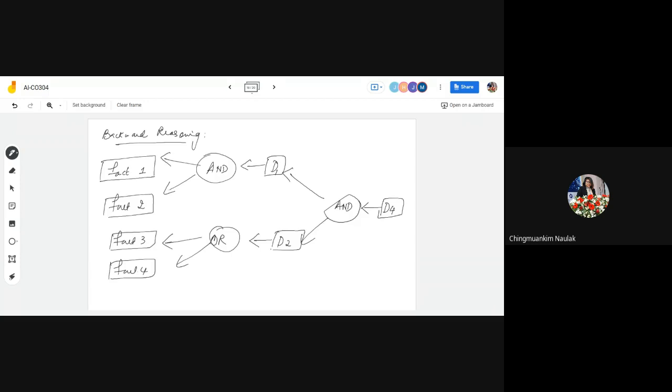So this type of backward reasoning can be used in diagnosis of problems, or in debugging problems, and also for prescription applications.